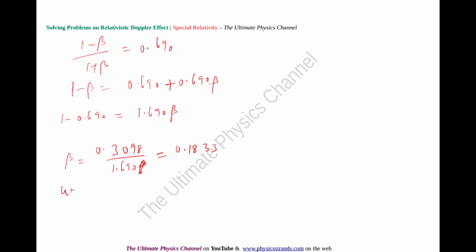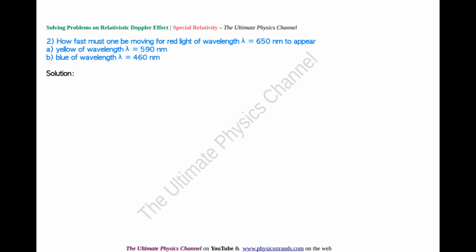So the speed is 0.183 c. This is the speed with which he is going, so that the red signal appears to him as a blue signal, right? So this is the speed with which he has to move.